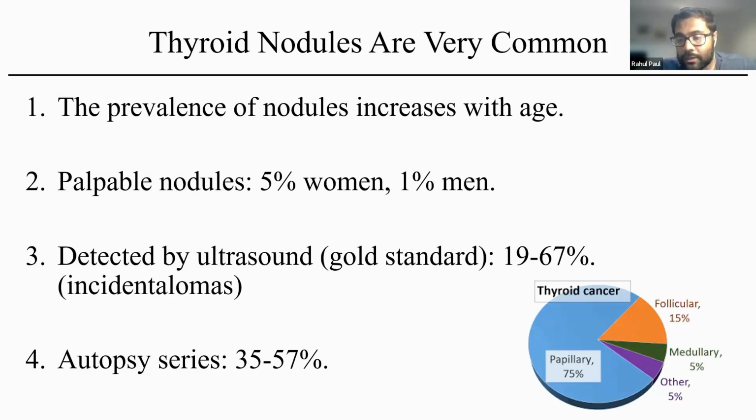Usually, thyroid cancer can be divided into multiple different subcategories. For example, almost 75% of thyroid cancers are papillary thyroid carcinoma. And in this project, we also worked with papillary thyroid carcinoma. After that, the second largest was follicular, followed by medullary and some other types of cancer that are available.